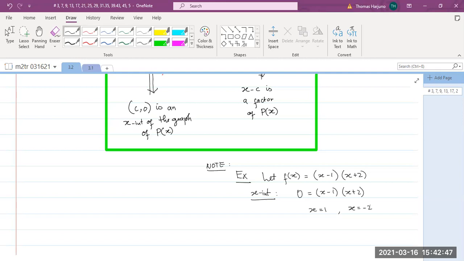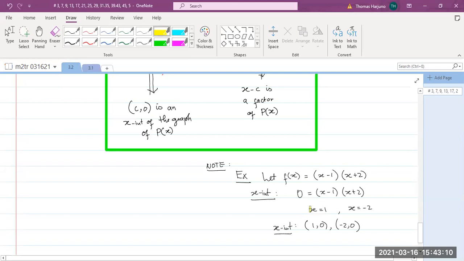X-intercepts are not numbers. The x-intercepts of this function are (1, 0) and (-2, 0). Those are the x-intercepts. So what are x equals 1 and x equals -2? Those are the zeros.